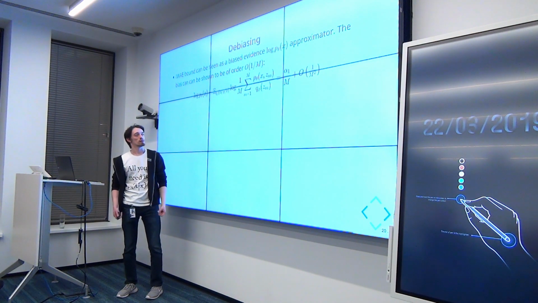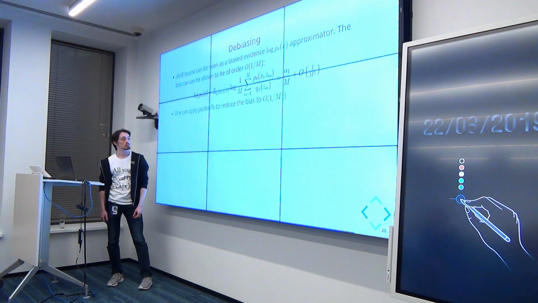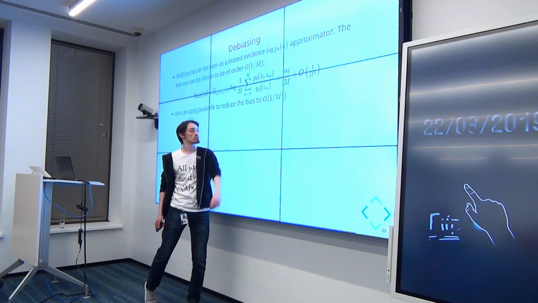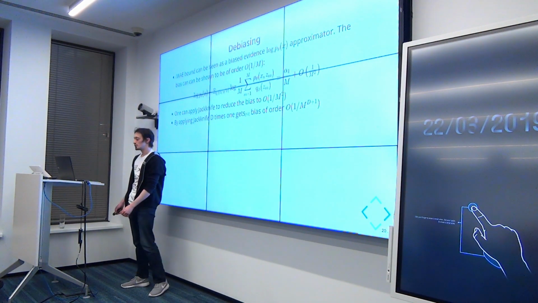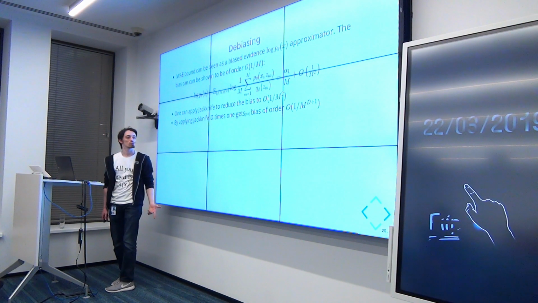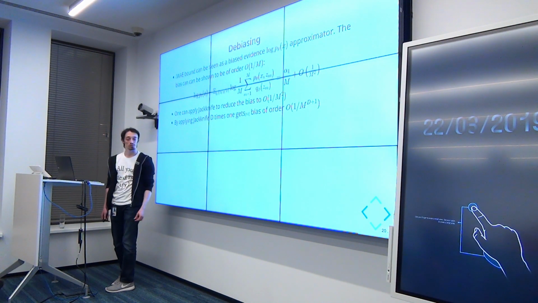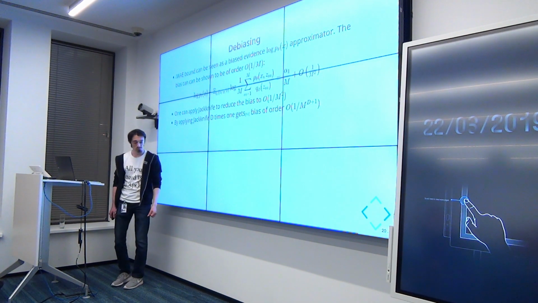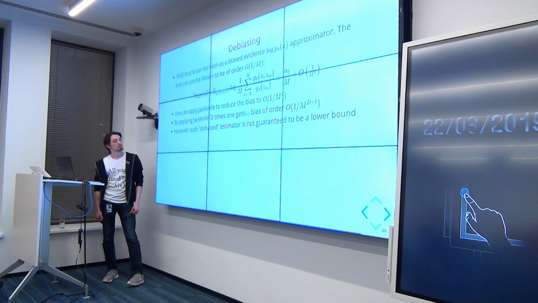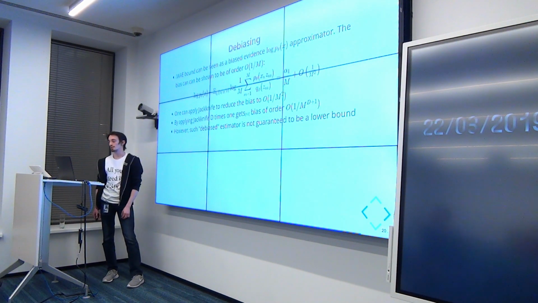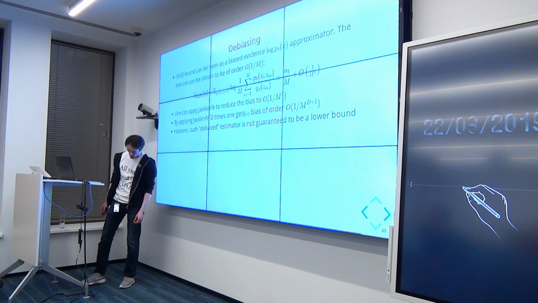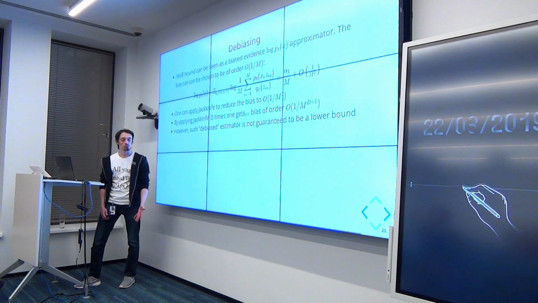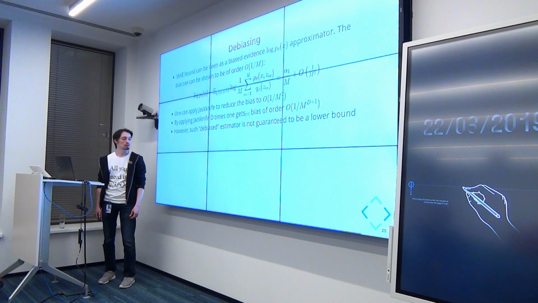So you can apply the so-called jackknife estimator to reduce the bias from 1 over m to 1 over m squared, then repeat the same procedure over and over and reduce the bias to 1 over m to the power of d plus 1 for a d-times repeated jackknife estimator. The problem though is that such an improved, less biased estimator is not guaranteed to be a lower bound anymore. So it falls more into the approximate estimator category.